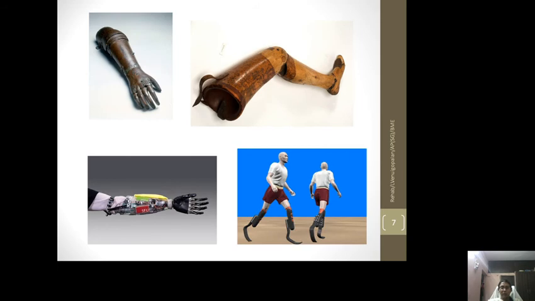So here are some pictures. The top right is a prosthetic arm that was used in the early days, the 1960s and 70s, and same is the top right leg, which is like the wooden leg as it was called. Now in the bottom left you can see a robotic arm which has most of the dexterity of the human arm.